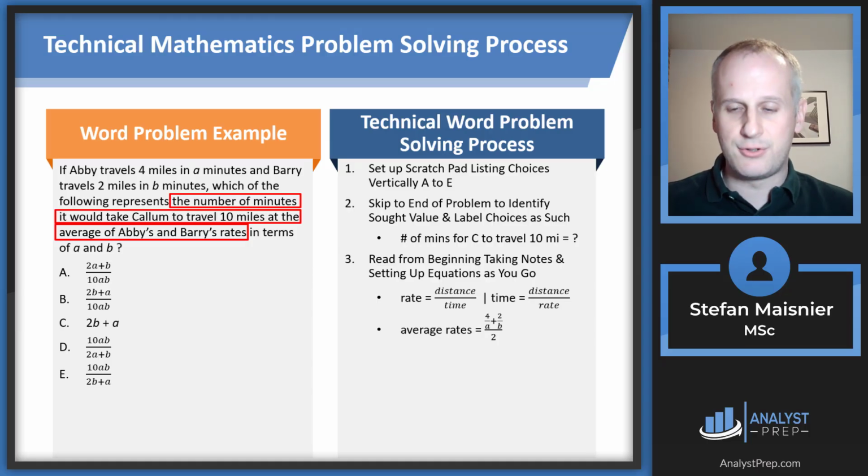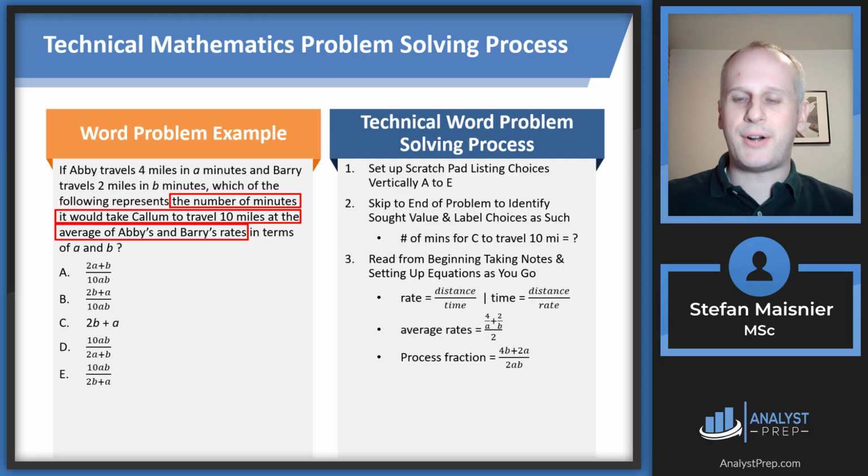And the average of these two rates is therefore going to be 4 divided by A plus 2 divided by B, divided by 2. Then we want to process that fraction. So we have to get a common denominator of AB, and we know that when we get the common denominator of AB, we could just combine that with the divided by 2, and then we'd have to cross multiply up and over to get our new numerator of 4b plus 2a, which is then, of course, all over the denominator of 2ab.